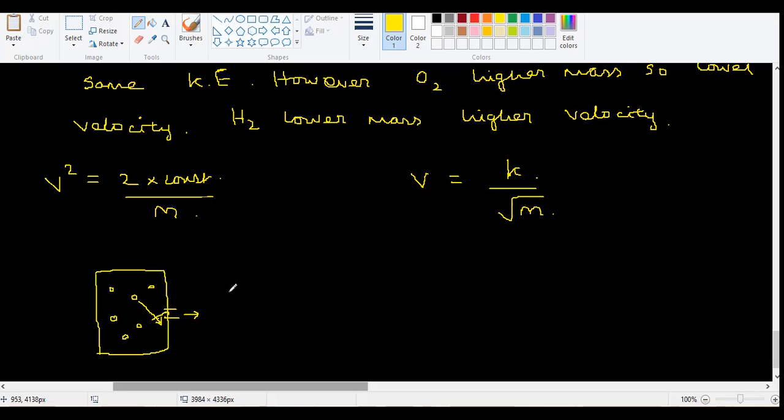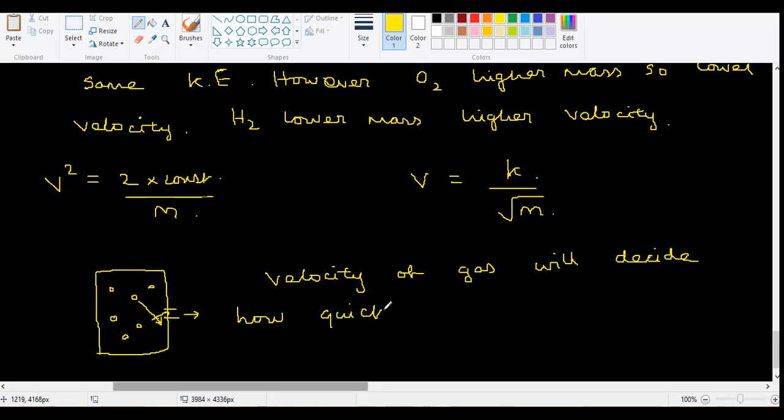So what we are trying to say here is the velocity of gas will decide how quickly it will diffuse. Don't get confused by the word diffuse.